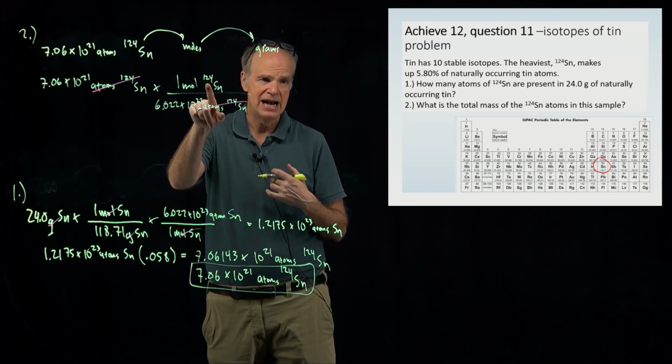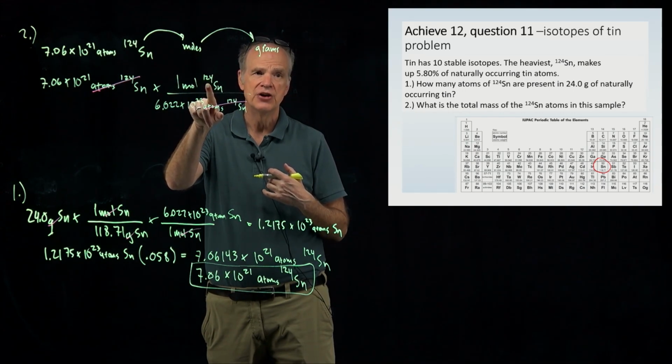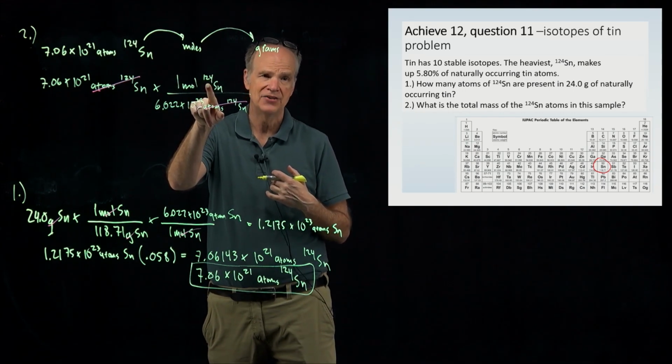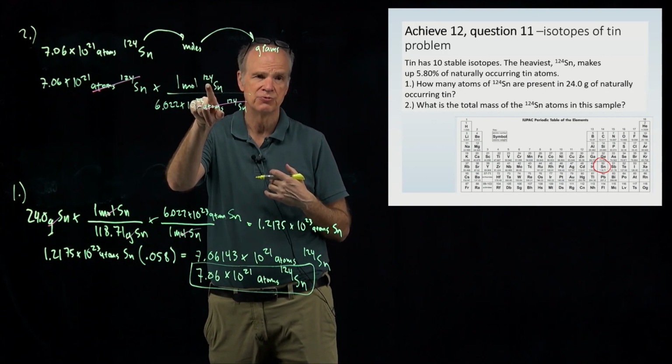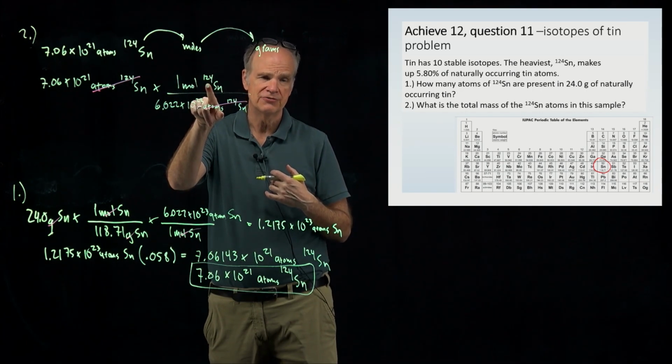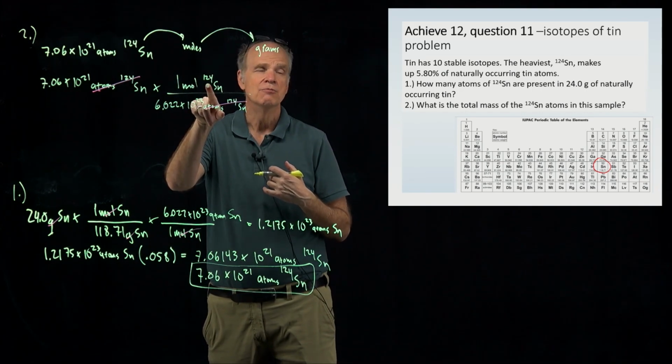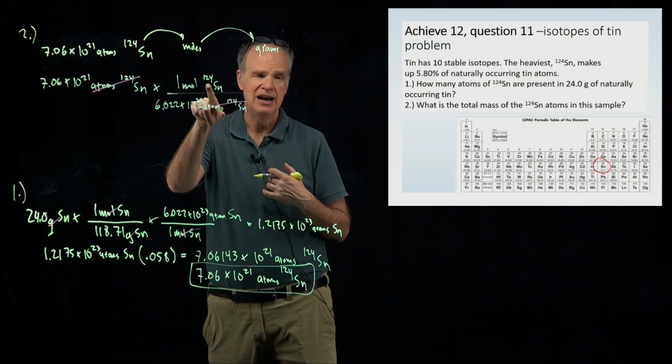What you can do is this. If you have a mass number for a particular isotope, that value is going to be very close to the molar mass of that particular isotope. Here we have a mass number for this tin isotope. The mass number is 124. And so we would predict from this rule that the molar mass of this tin isotope is about 124 grams per mole.